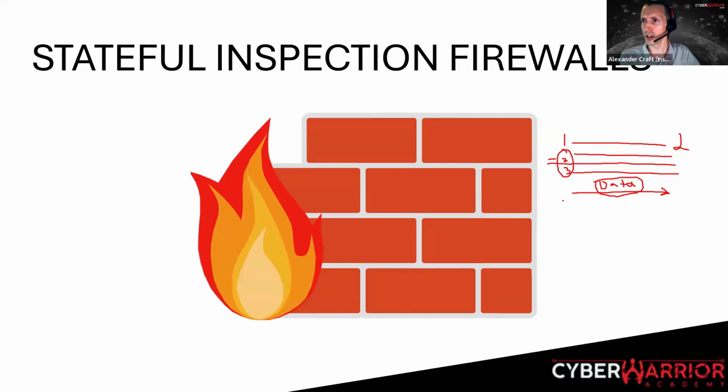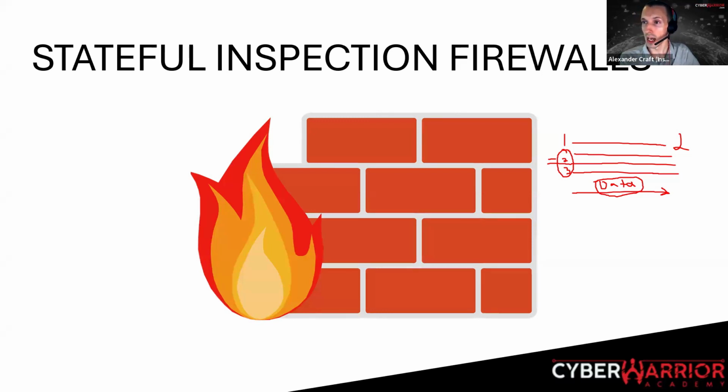Some of the limitations of this type of firewall: it may be more vulnerable to sophisticated attacks, like exploiting firewall weaknesses and vulnerabilities, though certain types of spoofing also do not work with a stateful inspection firewall. Some of the other things is it may require a lot more resources due to the connection state tracking.